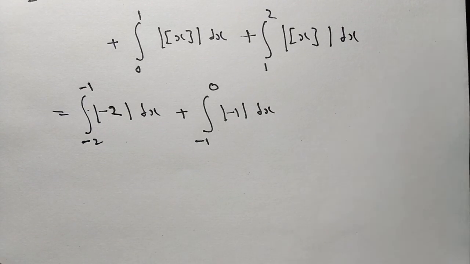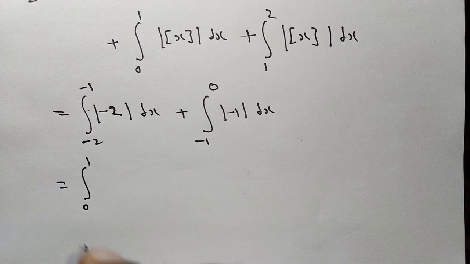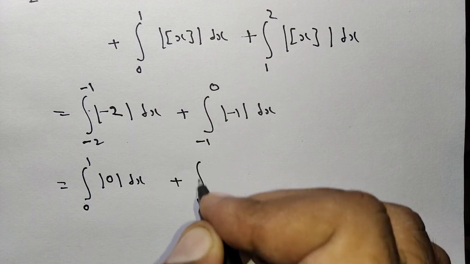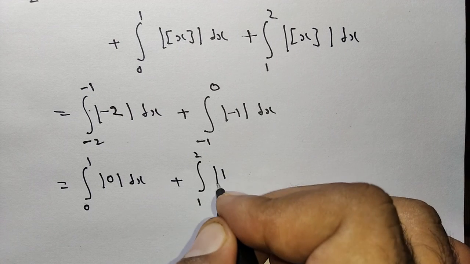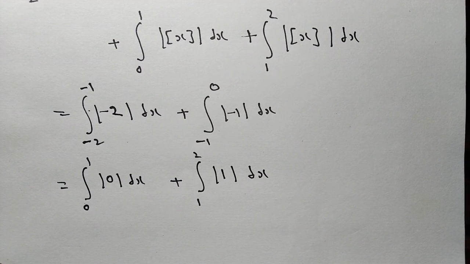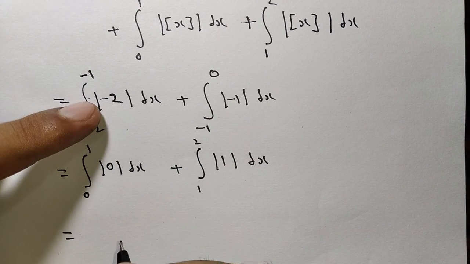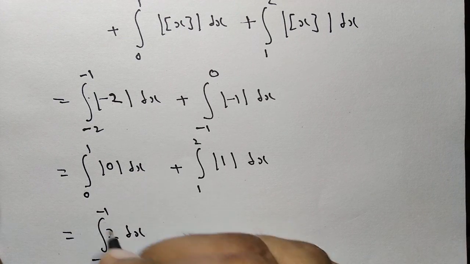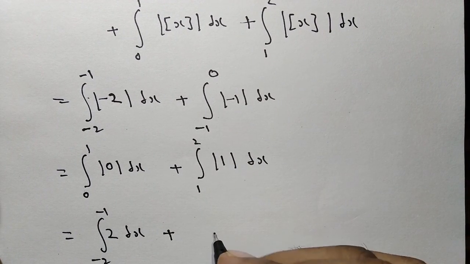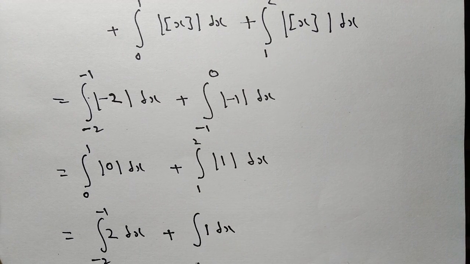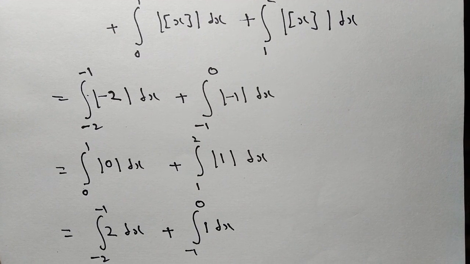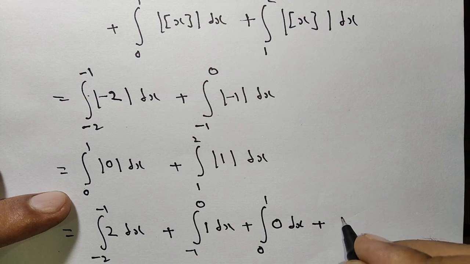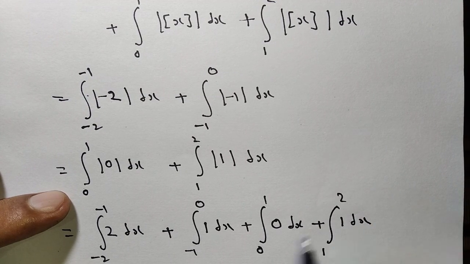Now integration 0 to 1, the greatest integer function will give value 0, plus integration 1 to 2, the greatest integer function will give value 1, dx. So mod of minus 2 will be equal to 2, integration dx from minus 2 to minus 1, plus mod of minus 1 will give 1, dx integration minus 1 to 0, plus this is 0 to 1 dx, plus 1 dx integration 1 to 2.